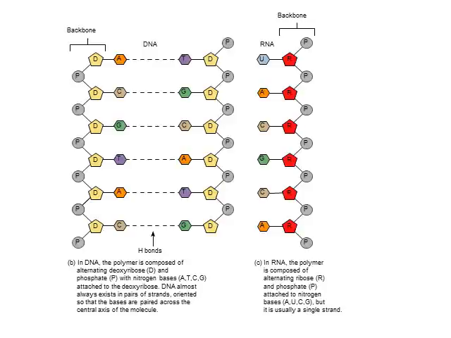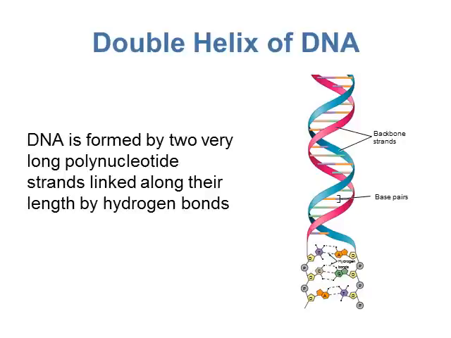RNA, on the other hand, is usually found as a single strand, so it's just a straight chain of these RNA nucleotides. So DNA forms this double helix, so you have 2 long polynucleotide strands, or single strands, and they're linked together by hydrogen bonds. And those hydrogen bonds occur between your different nitrogen bases on the nucleotide.